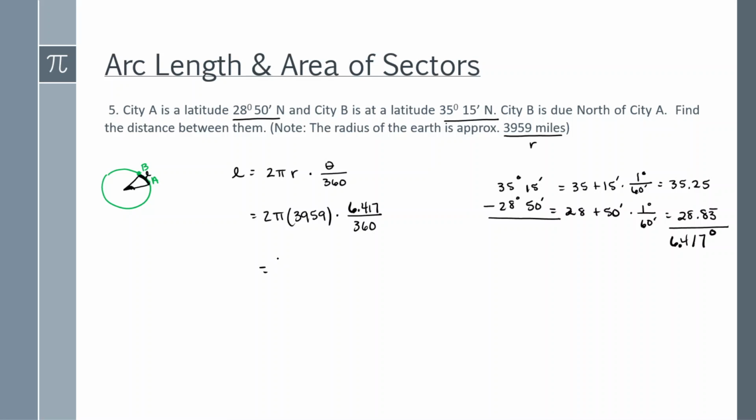So I'm going to do 2 times pi times 3959 times 6.417 divided by 360. And I get a distance of 443.399 miles apart. So we can find distances between cities by using their latitudes or longitudes if they are directly north and south or directly east and west of each other.